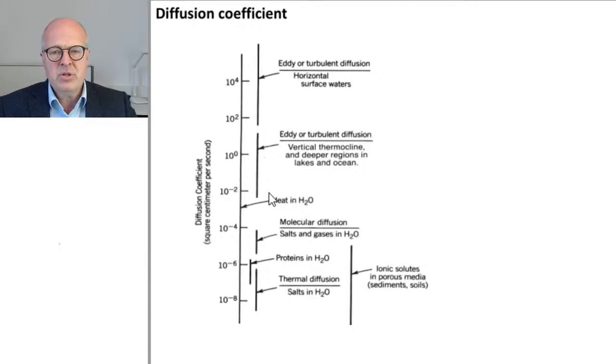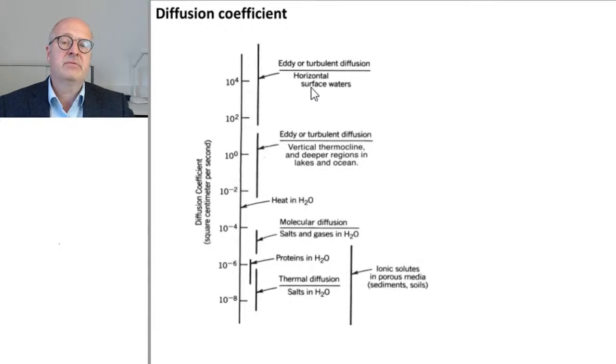Now, the dispersion that we observe as a result of turbulent flow is orders of magnitude higher. Eddy or turbulent diffusion, for example, in water or even during evaporation is 10,000 times higher, and eddy or turbulent diffusion in horizontal or surface waters is 10 million times higher than thermal or chemical diffusion in water.